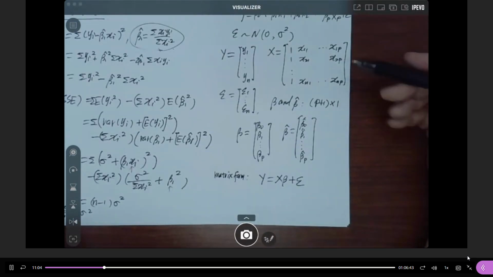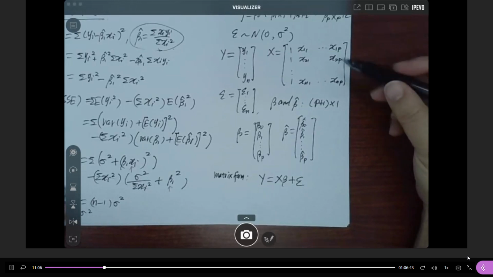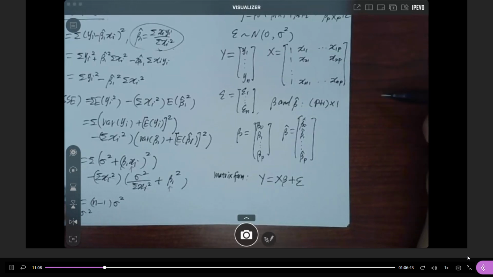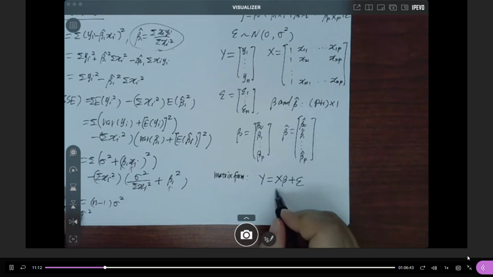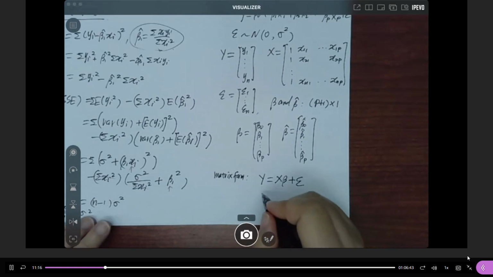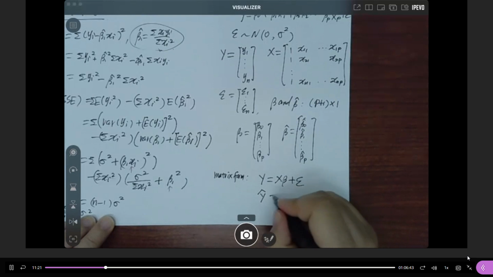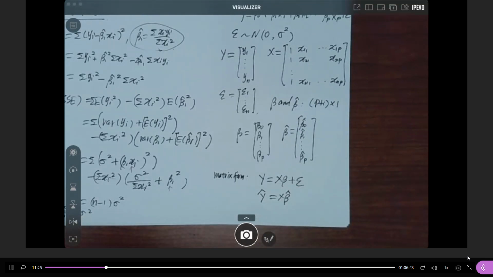The dimension of x is n by p plus 1. The dimension of beta here is p plus 1 by 1. So you have to put x first, then beta. All right? And then when you do the regression, the predicted value y hat is equal to just x beta hat. Okay? It's really neat, right? So this is just how you represent the regression problem.